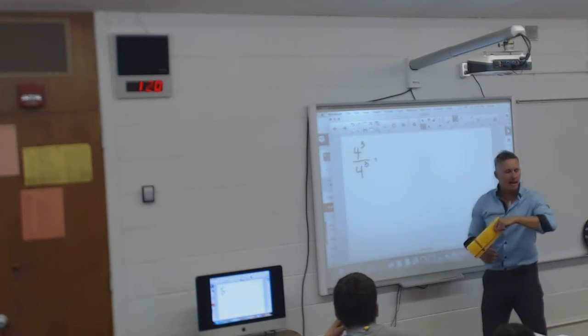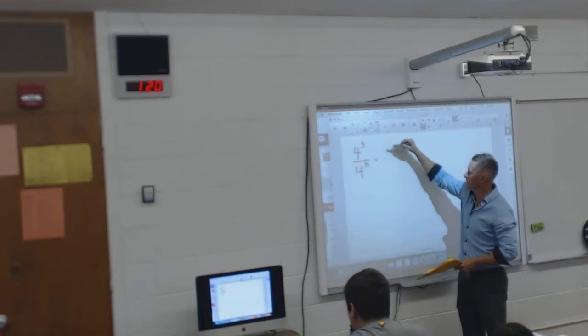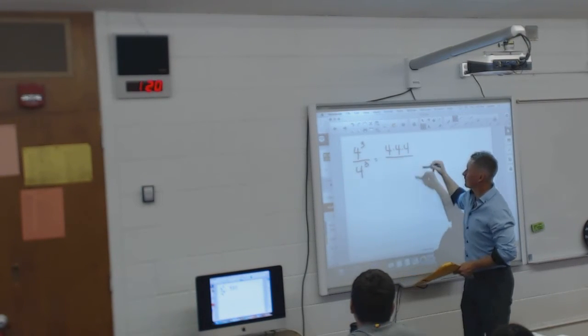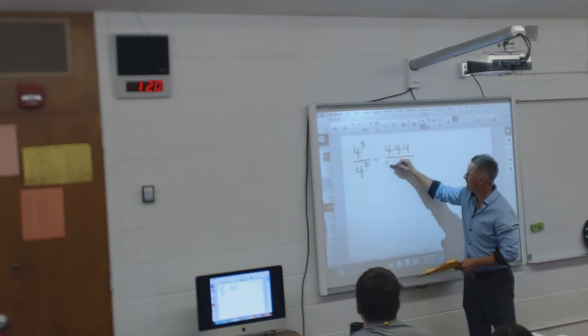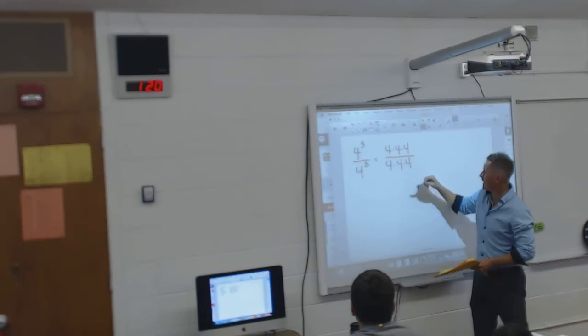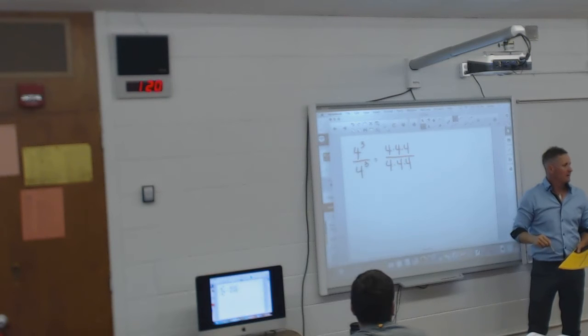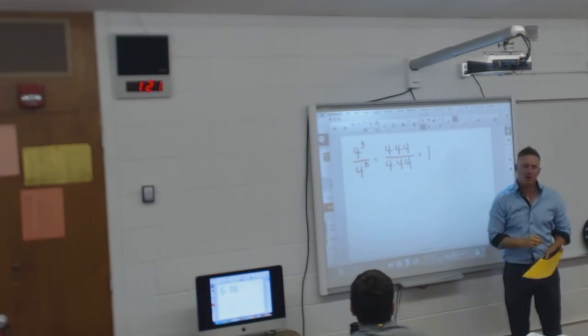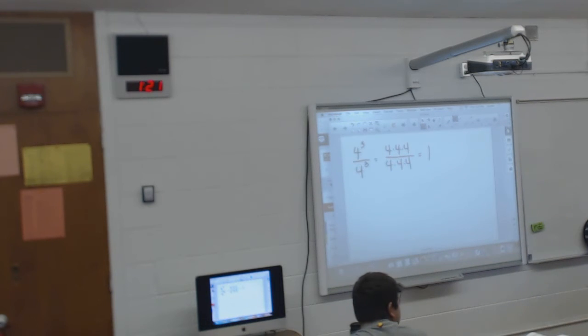If I were to expand this though, what does it expand to? 4 times 4 times 4 on top, and 4 times 4 times 4 down here, right? What does that equal? 1. So anytime you have an exponent of 0, the value is automatically 1. And that's why right there, because you're basically canceling anything on the top and the bottom. It equals 1.